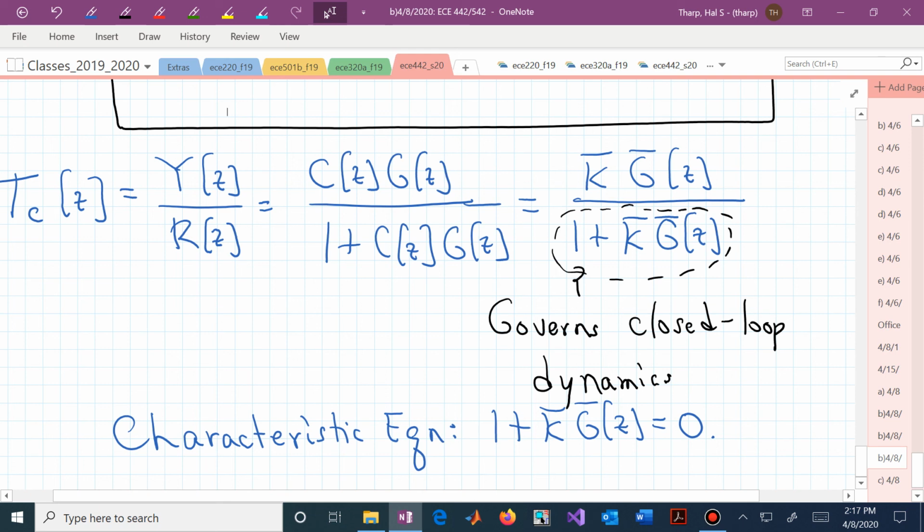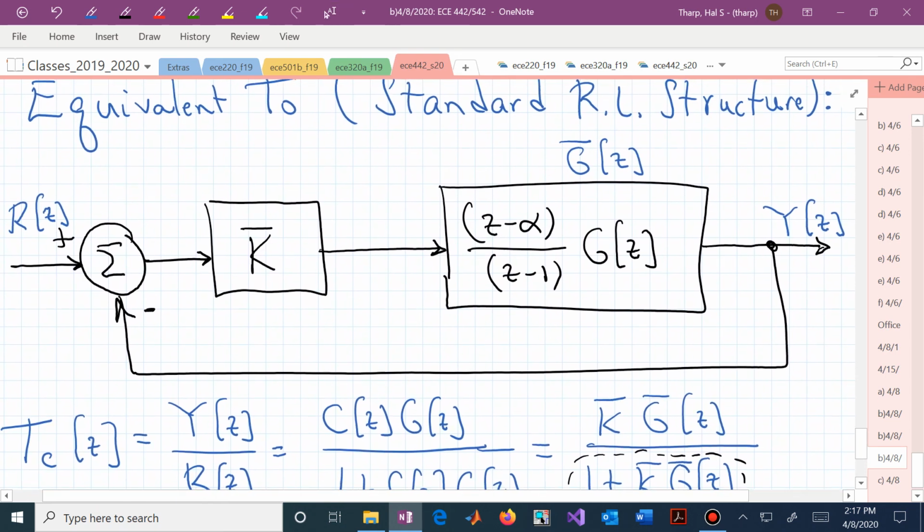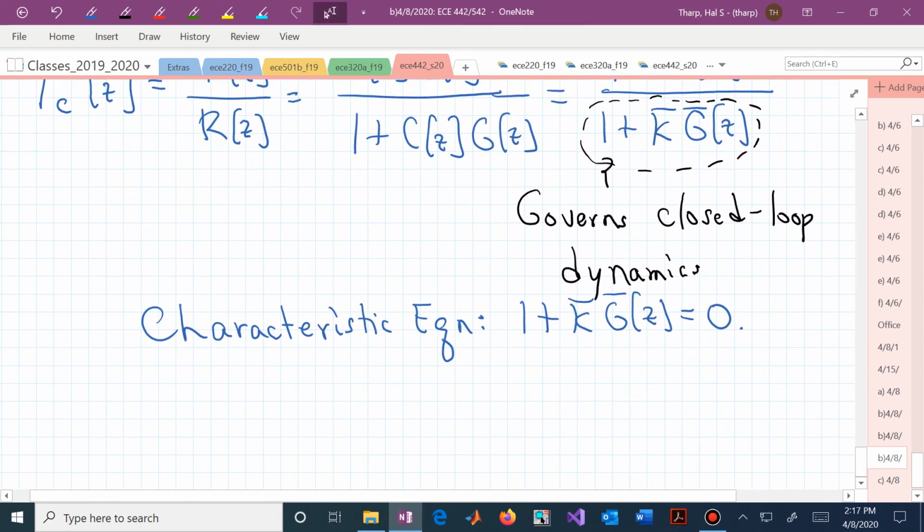So once we now have this structure, we can use our root locus strategy to determine how our closed loop poles, determined by this characteristic equation, move through the complex plane in response to changing this gain parameter K bar from 0 to infinity.